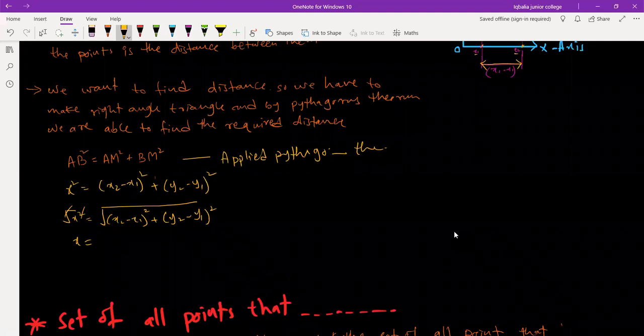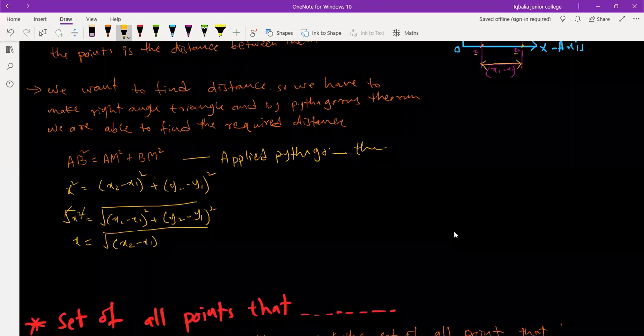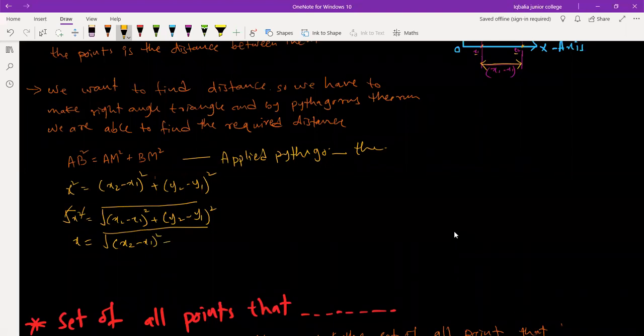My voice is breaking due to lots of network issues. Sometimes the network is coming and going. So just see here, the square root and power 2 will get cancelled, and here we will have the bracket x2 minus x1 whole square plus y2 minus y1 whole square.